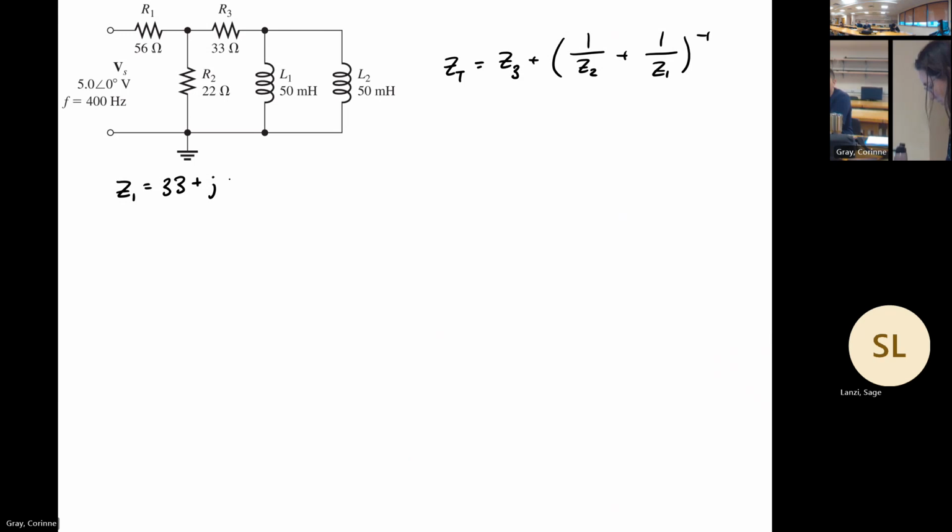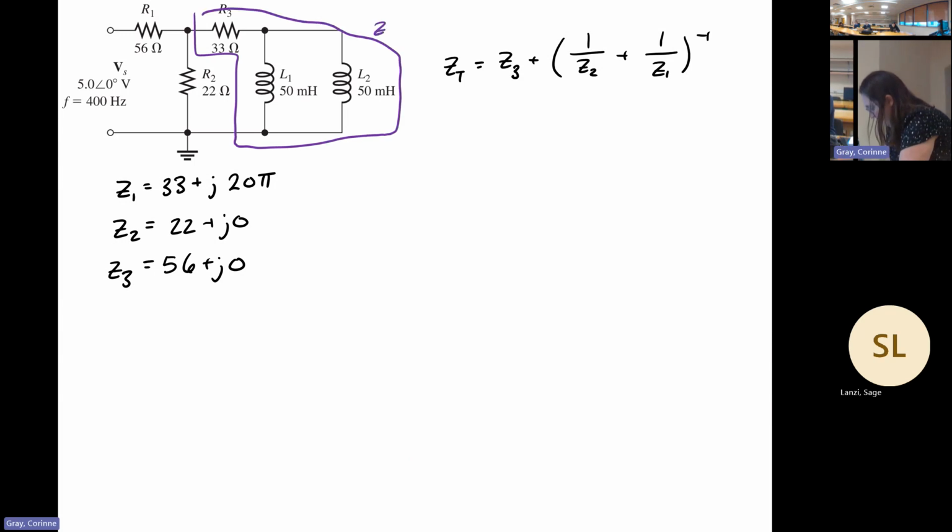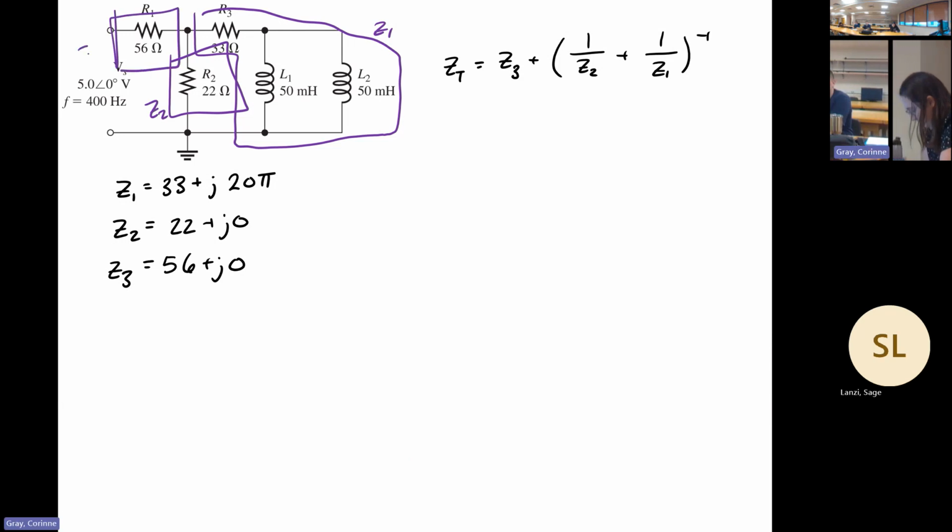I'm just going to write that down here. I have Z2, which is 22 plus J0, and I have Z3 here, which is going to be 56 plus J0. So these are all of their rectangular forms for going through and doing that. And again, to remind ourselves, this mess over here is Z1, this is Z2, and this is Z3.